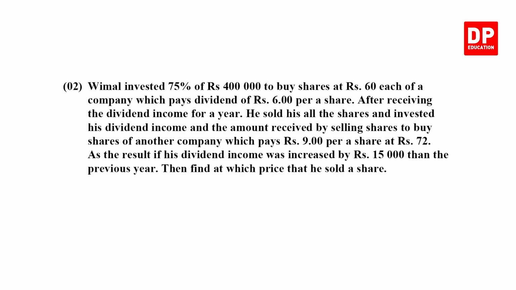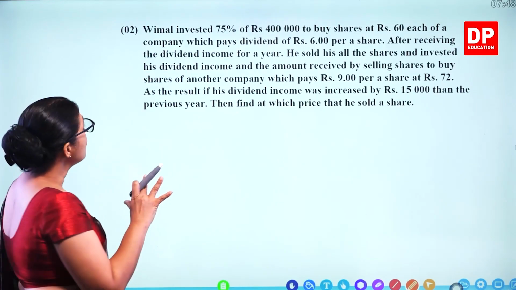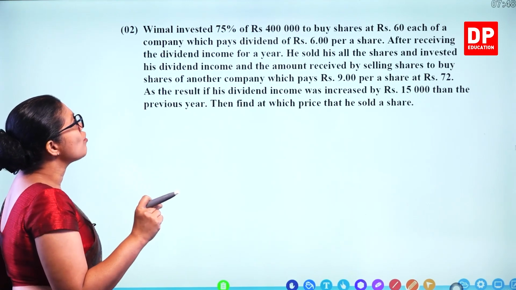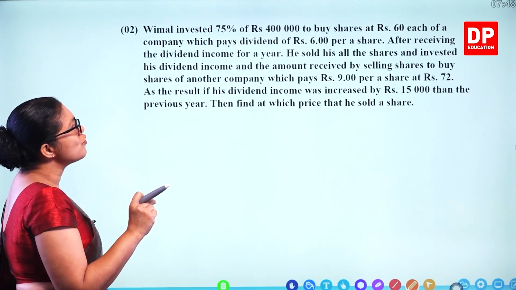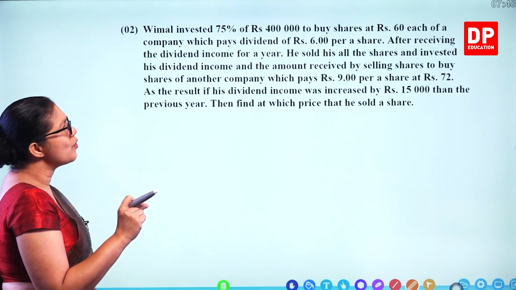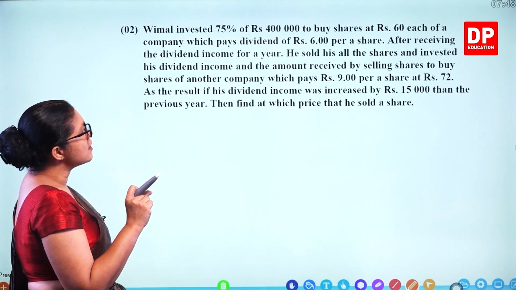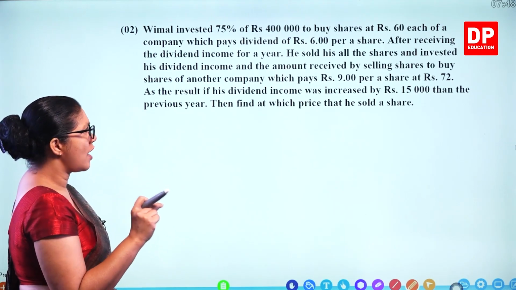Question number 2, that's about investing money in a share market. We'll read the question and try to answer. Vimal invested 75% of 400,000 rupees to buy shares at 60 rupees each of a company which pays a dividend of 6 rupees per share.